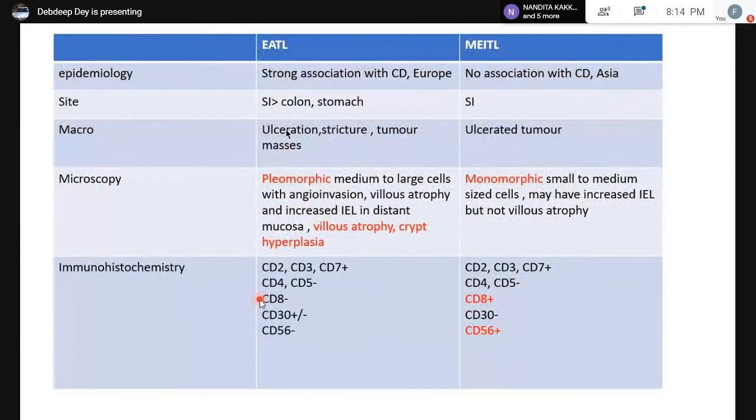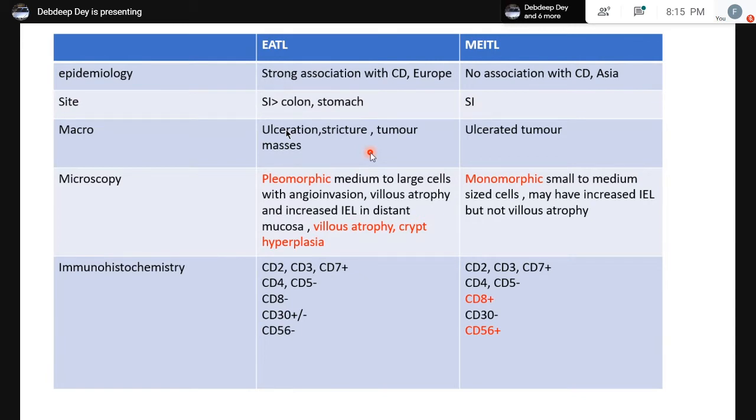So to summarize the differences, EATL has got a strong association with celiac disease, mainly present in Europe. MEITL has no association with celiac disease, mainly present in Asia. It presents mainly in the small intestine, but colon and stomach may also be affected, but small intestine is affected mainly in MEITL. Ulceration, stricture, tumor mass, all can be present in both.